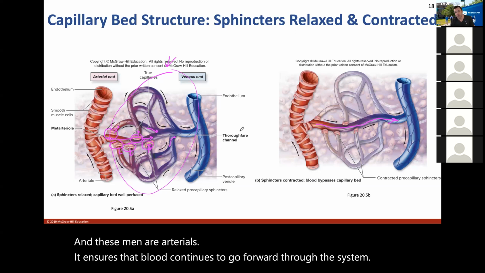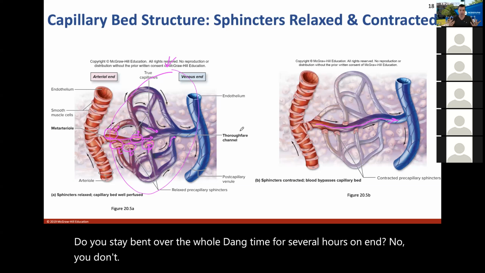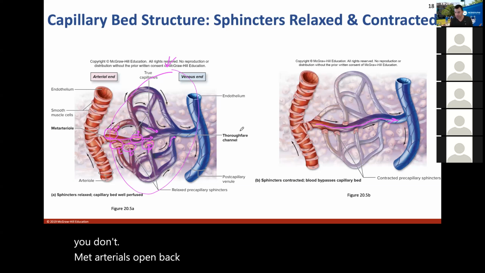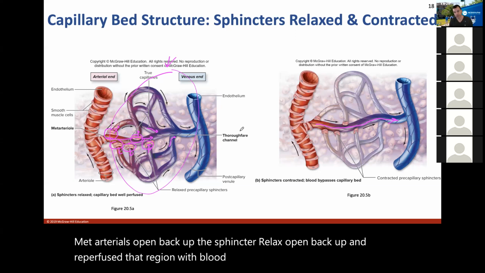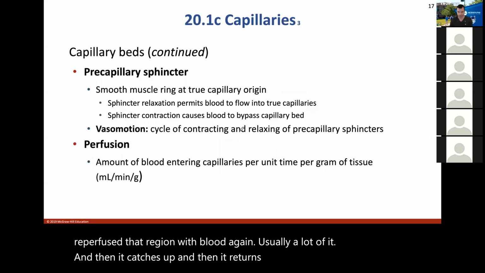Do you stay bent over the whole time for several hours on end? No, you don't. The meta-arterioles open back up, the sphincters relax, and we perfuse that region with blood again, usually a lot of it. And then it catches up, and then it returns back to normal.